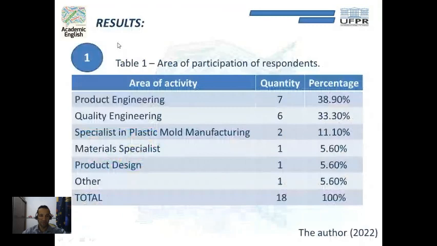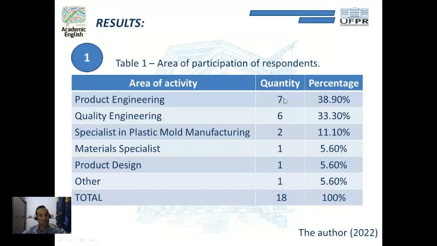Okay, results. All the questions are results, but here I decided to bring the most meaningful questions. First of all, the area of participation of the respondents. We can see the areas: product engineer, quality engineer, specialist, plastic mold manufacturer, material specialist, and others.